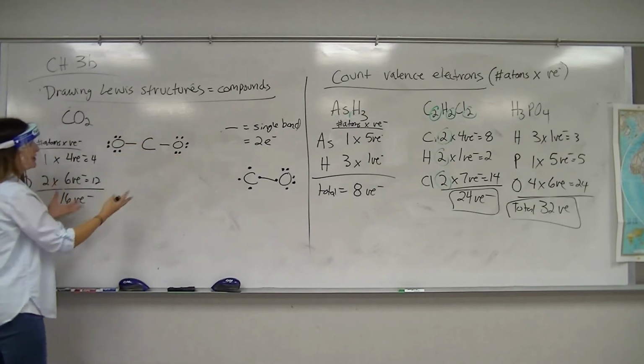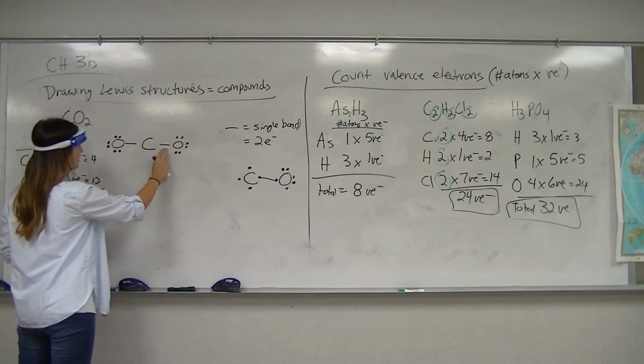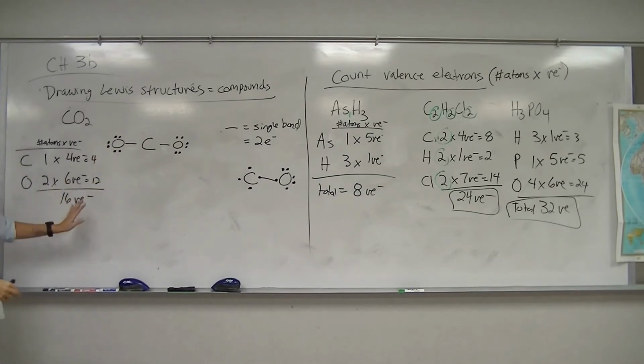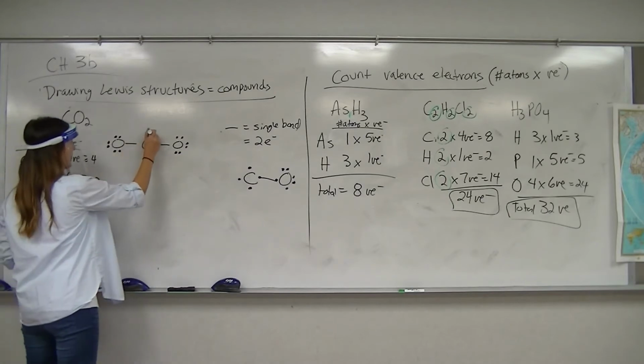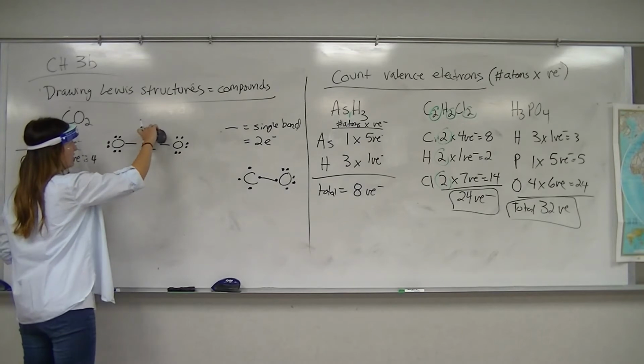So how many have we used? That's what we need to count next. So we've used 2, 4, 6, 8, 10, 12, 14, 16. So I've used all 16. What that means is I can't just go and add electrons on carbon to make him happy because I don't have any more electrons to put on him.